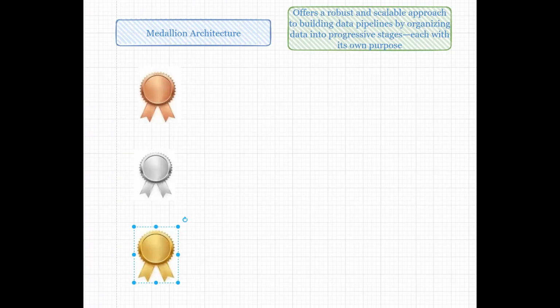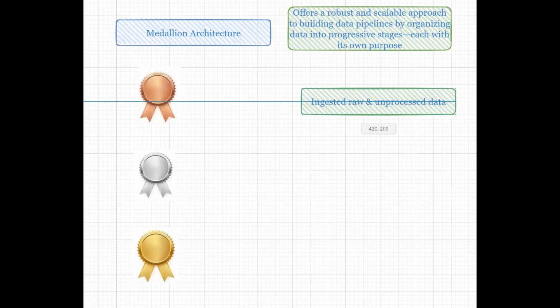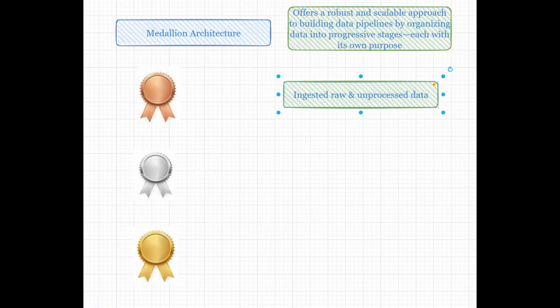So the first layer is the bronze layer, which is the raw layer. This is where we have our raw, unprocessed data, which is ingested and stored. It is also referred to as a landing zone or a raw data zone.